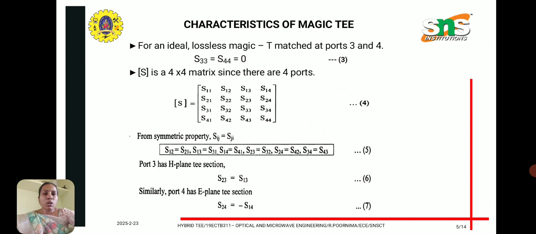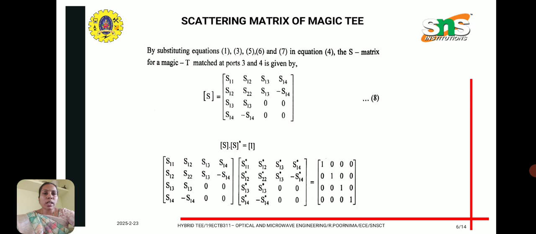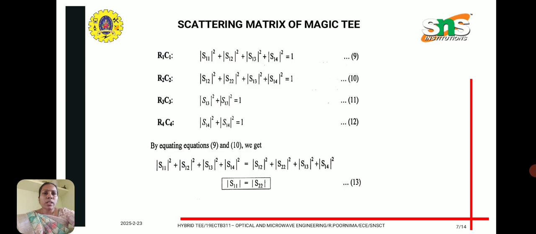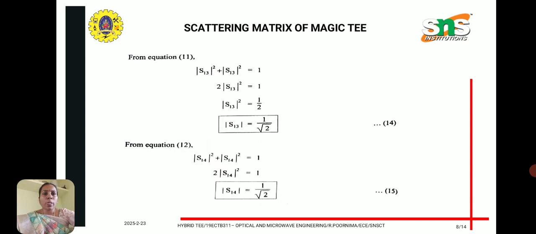By applying all these properties, the S matrix can be modified and we apply the unitary property S S star equal to I. We can write the equations for R1 C1, R2 C2, R3 C3 and R4 C4. By equating equations 9 and 10, we get S11 equal to S22.